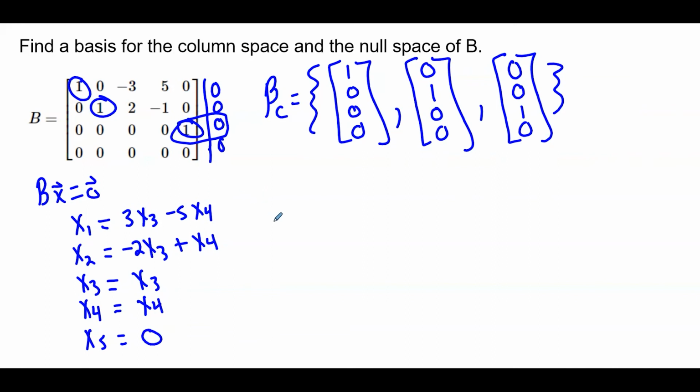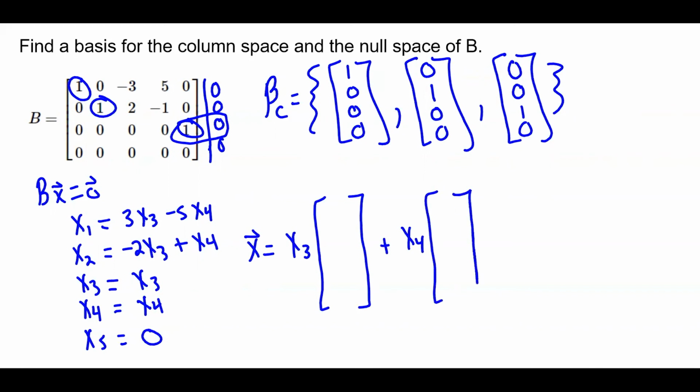Okay. So I need to write this in parametric vector form. I'm going to have an x3 vector and an x4 vector. I'm going to write down all the things that have x3s, and now I'll write everything that has an x4.